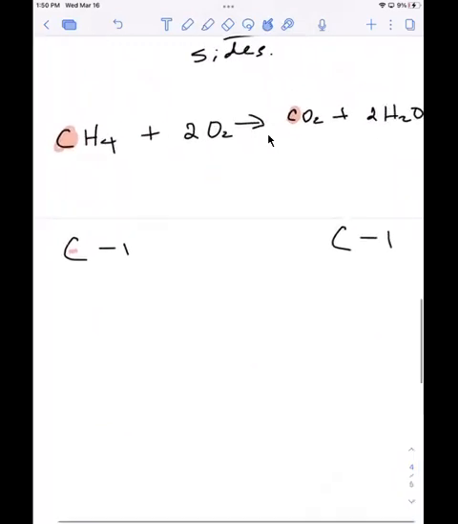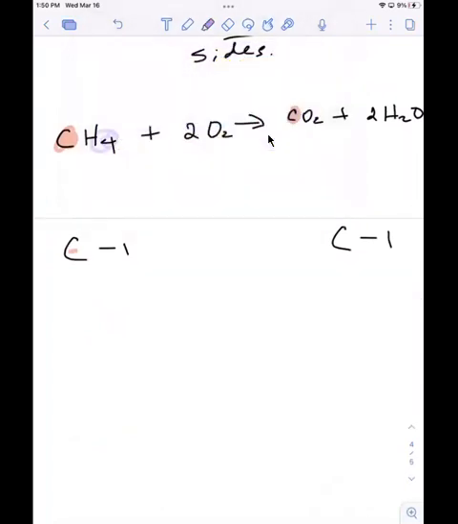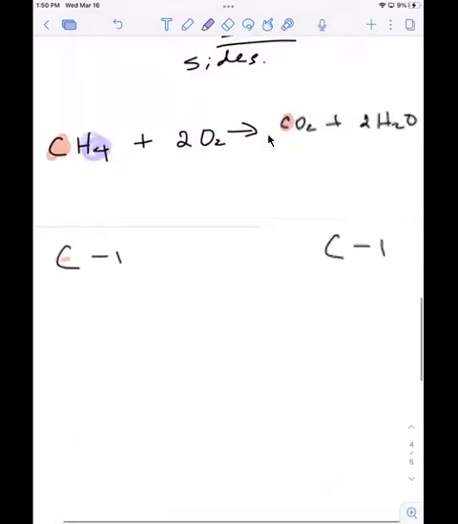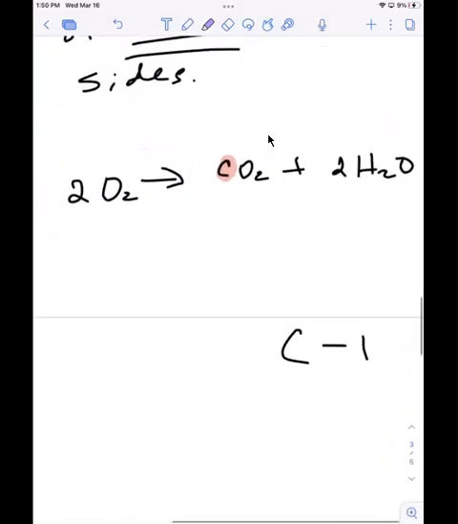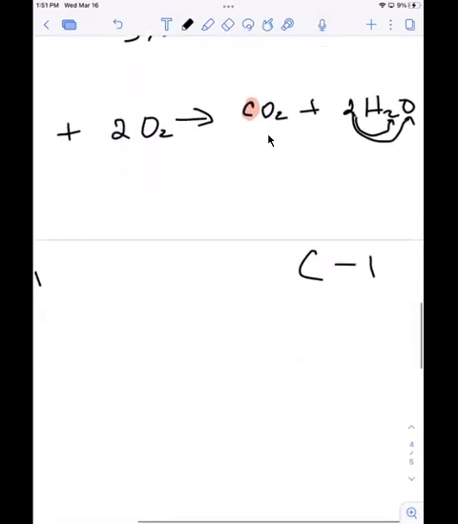Now, I got 4 on this side. And what about on this side? So now you can see here, this coefficient 2, I'm gonna run it through, and it's gonna be 2 times the H2, right? So now I have 4 hydrogens on that side.